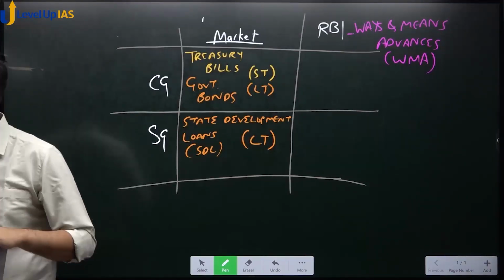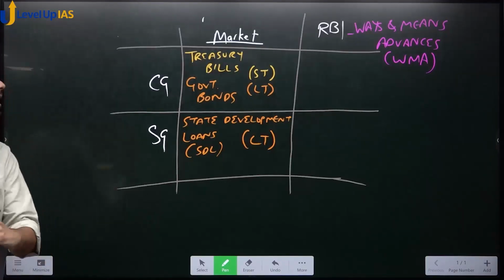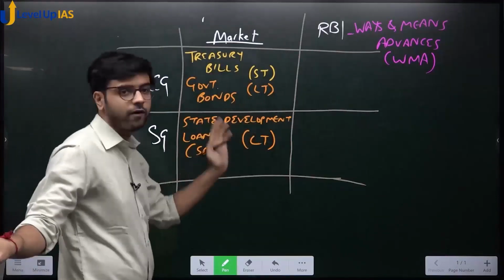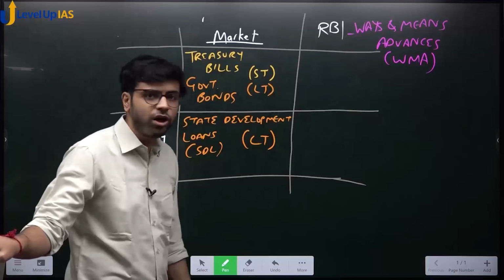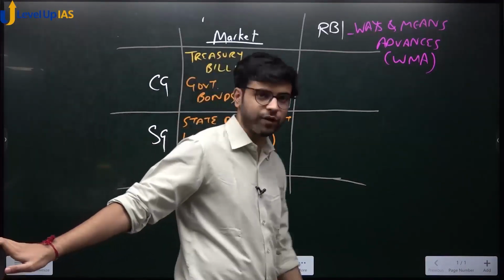So when we speak about ways and means advances, we are speaking about nothing but funding by RBI, which is given to governments to fulfill their deficits or to fulfill their borrowing requirements. It is not free. It carries interest. Okay? It is not free. Free things are over now.